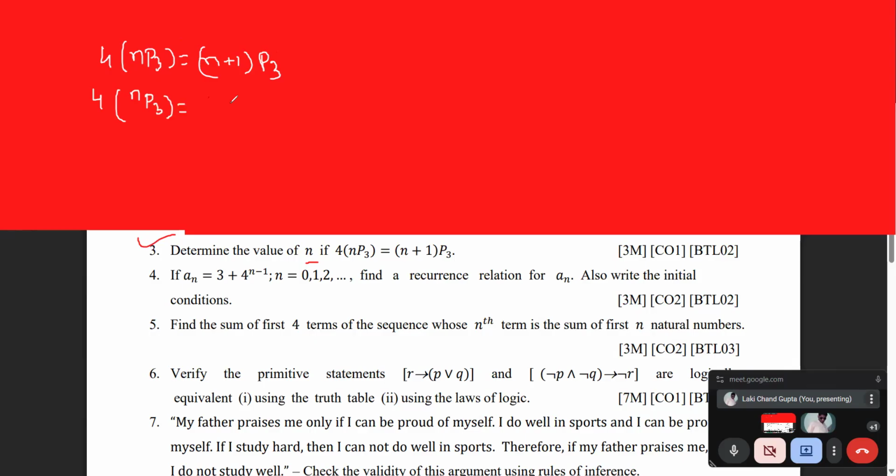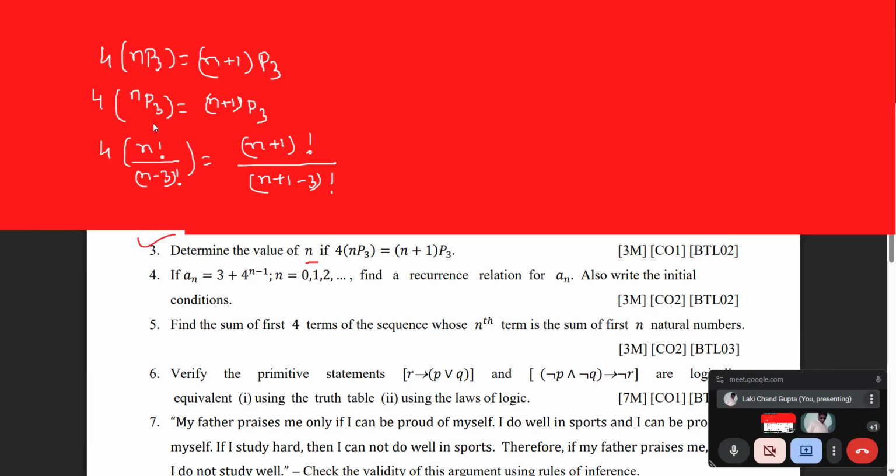Yes. n plus 1 P3, right? n factorial upon n minus 3 factorial, and n plus 1 factorial upon n plus 1 minus 3 whole factorial, right?